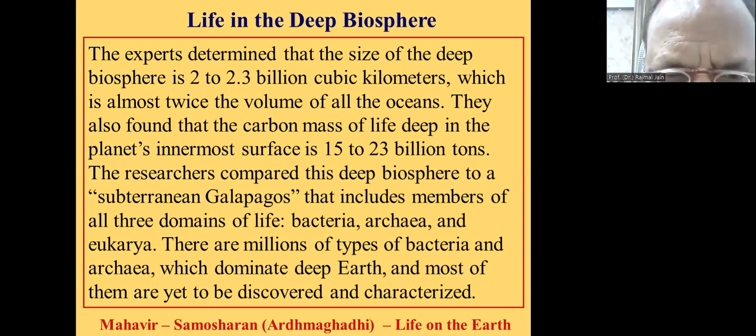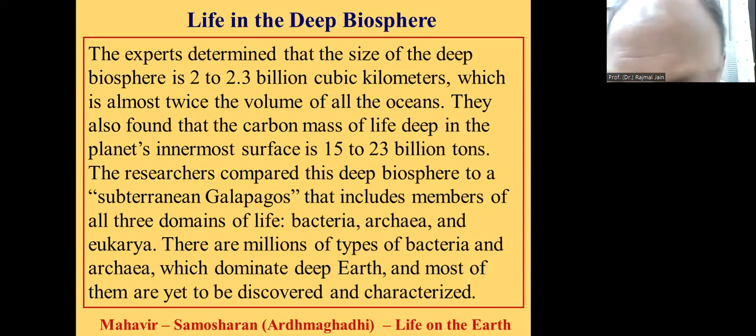So researchers basically have compared all these numbers with the subterranean, what we call a Galapagos, meaning all kinds of lives surrounding everywhere. And then they found that there are actually millions of types of bacteria and archaea. So this has been noticed, and they have characterized them also.